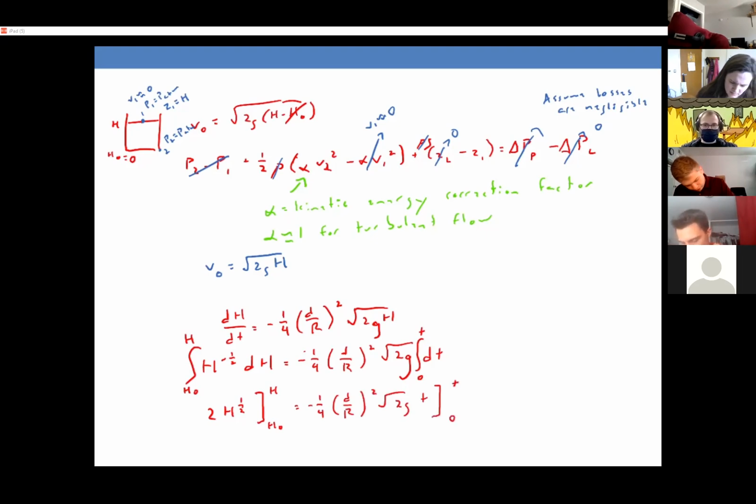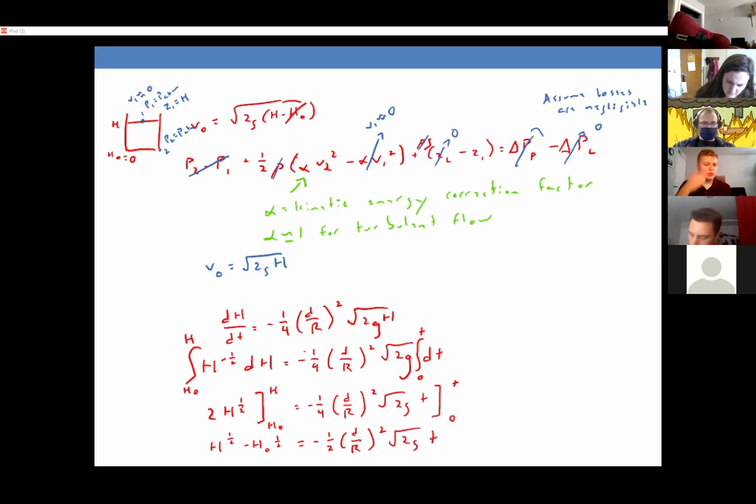Zero to t. And so we get h to the 1/2 minus h naught to the 1/2 equal to, I'm going to go ahead and put 2 over on that side, negative 1/2 d over r squared square root of 2g t.